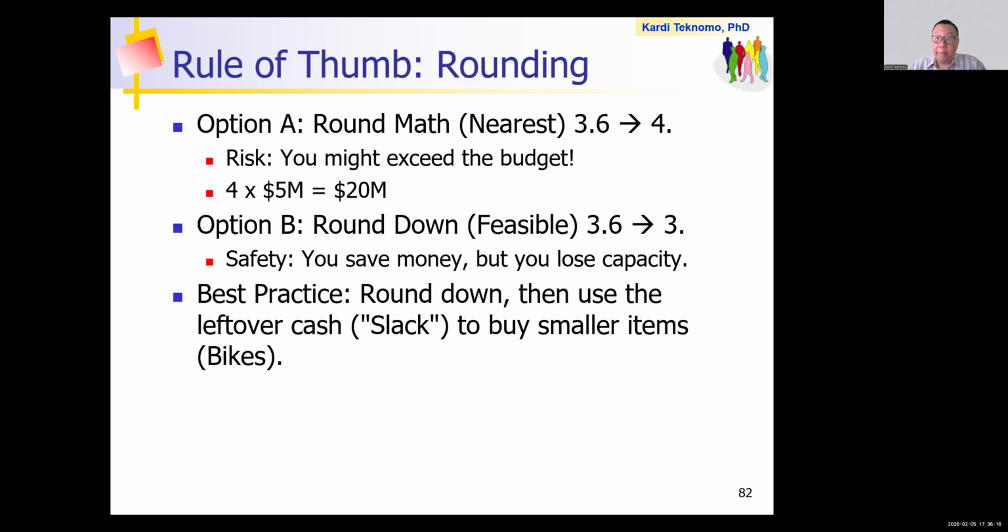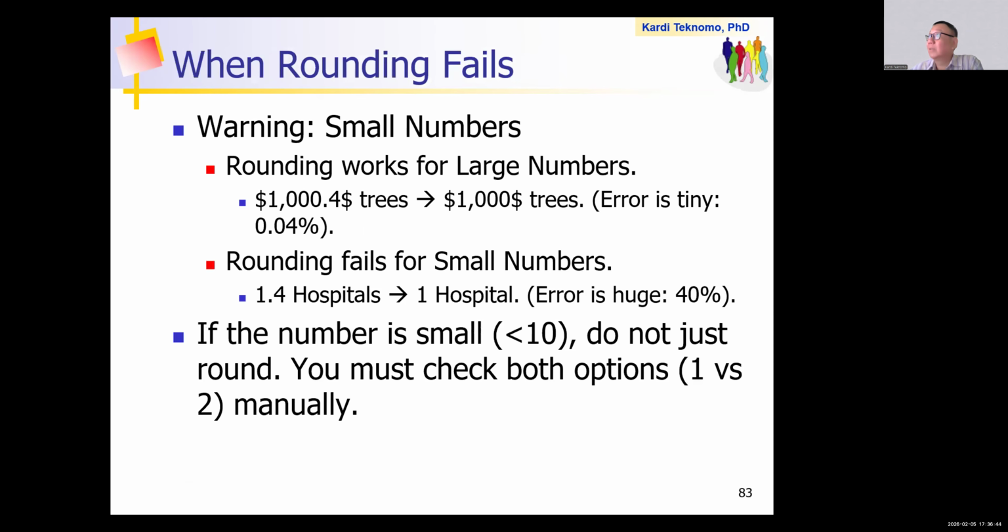So this is safe. Then you look at the leftover money, the slack, and see if we can buy some cheaper buses or buy plane to fill that gap. So this is not true integer programming. This is just heuristic, based on the rule of thumb.